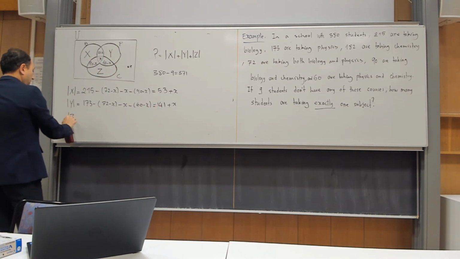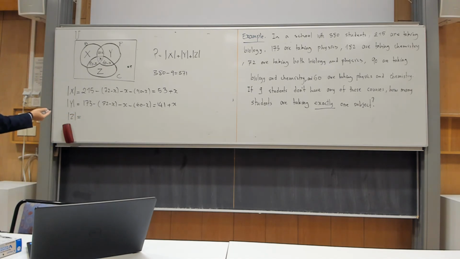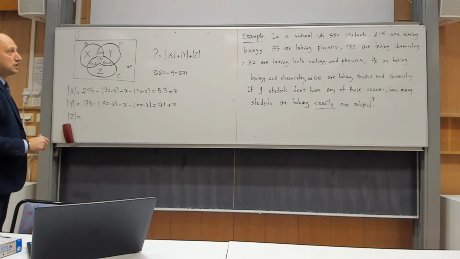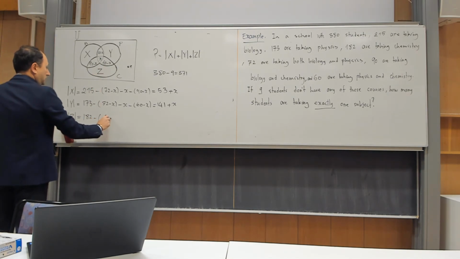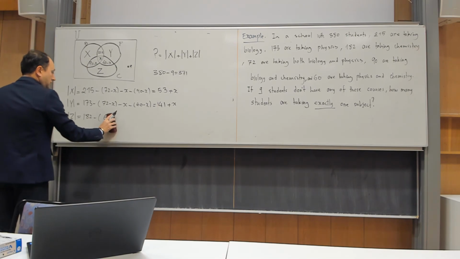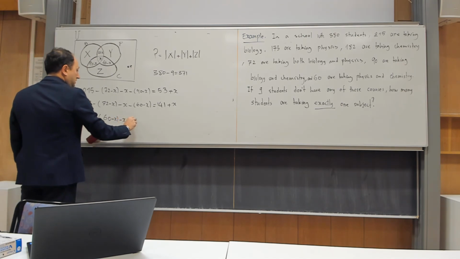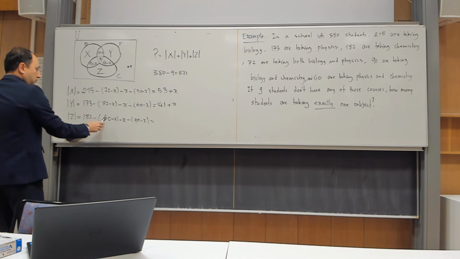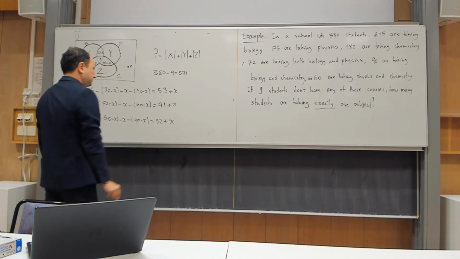And then finally, what is the cardinality of Z? I'm not saying that this is the best way to do it, this is one way. If I go to chemistry, how many people are studying chemistry? 182 minus (60 minus x) minus (90 minus x). So then what happens? 32, please correct me if I'm wrong, and then plus x.